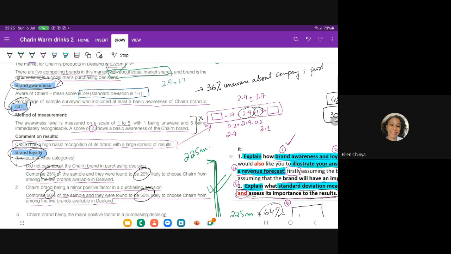If you add 1.7, it will be, I think, 4.6, and then minus 1.7 is 1.2. So variation is from 1.2 to 4.6. So few people are extremely aware of the product, and then there is a variety of customers who are unaware of the product, right? So you have to tackle all of them in a different manner.